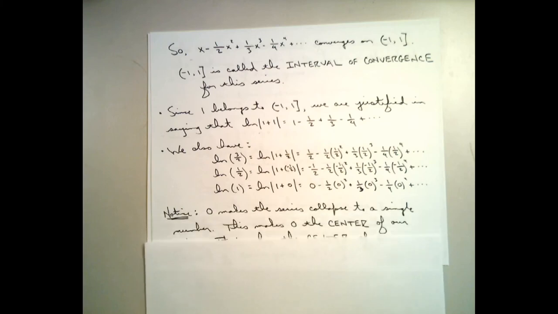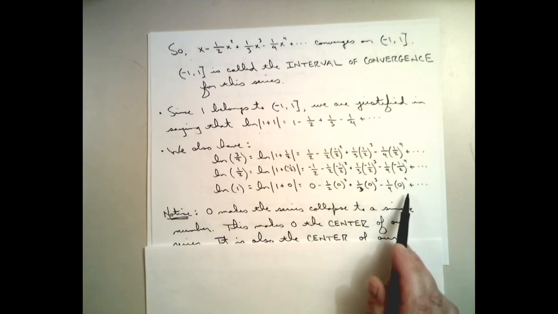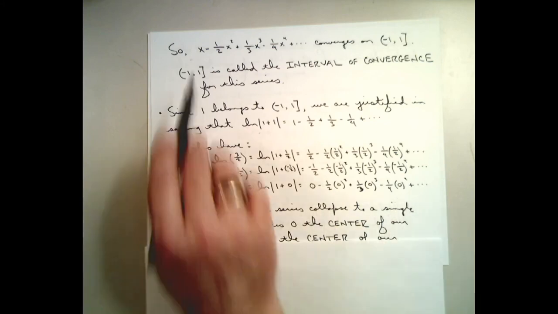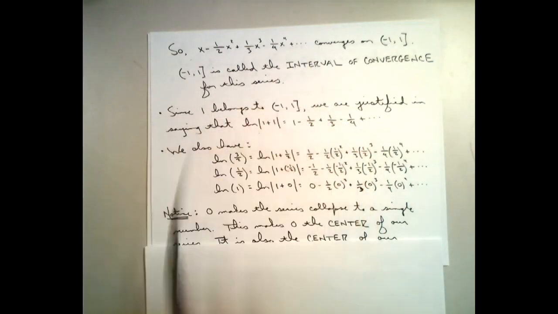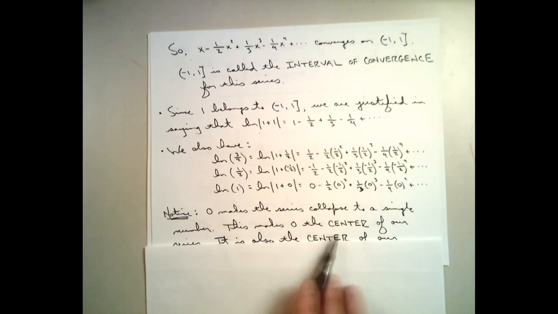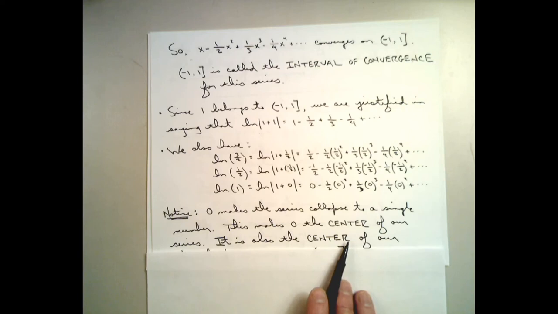I want you to notice that 0 makes the series collapse. 0 is the only number that I could replace for x in this series and have all the terms collapse down to just a single number. When that happens, we say that the number that makes that happen is the center of our series. Why use that terminology?